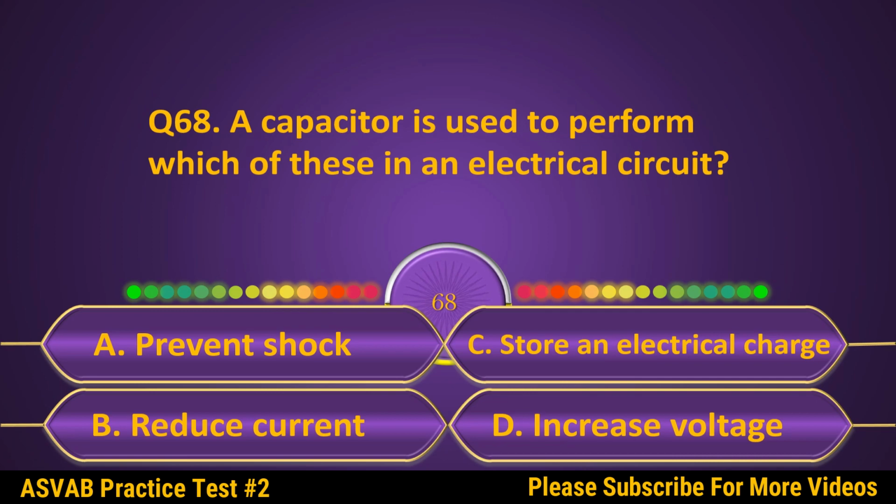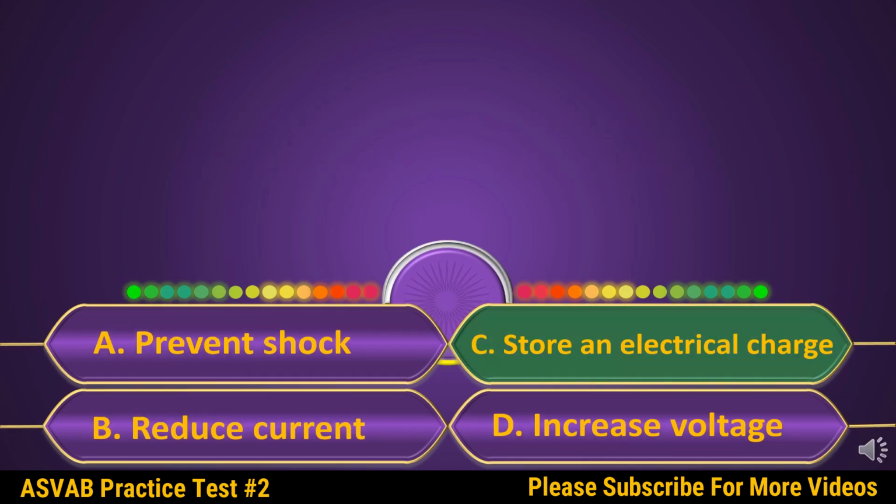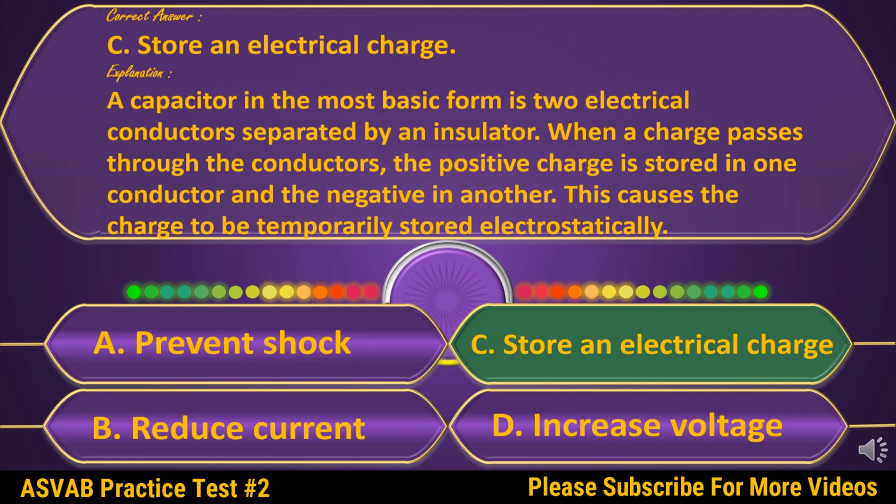Question number 68. A capacitor is used to perform which of these in an electrical circuit? The options are A. Prevent shock, B. Reduce current, C. Store an electrical charge, or D. Increase voltage. The correct answer is option C, store an electrical charge.